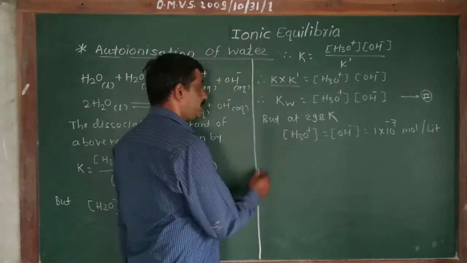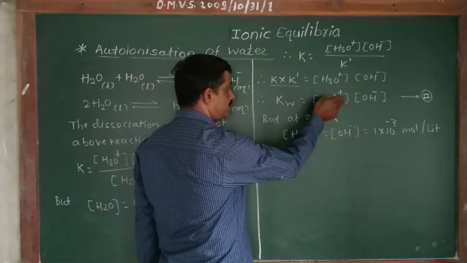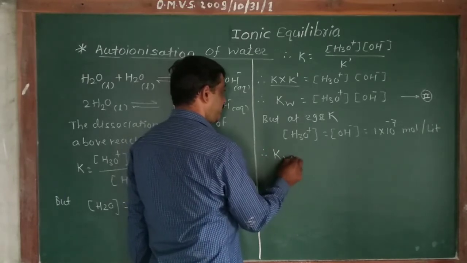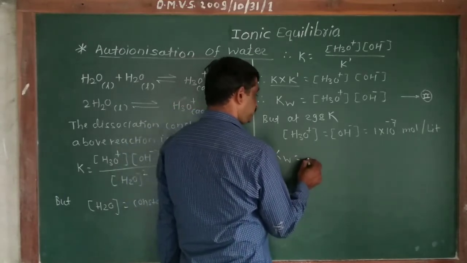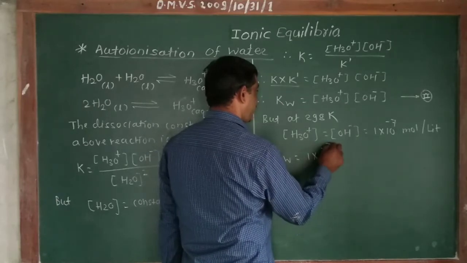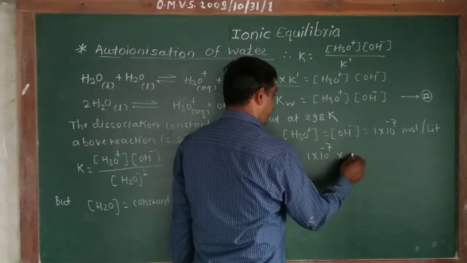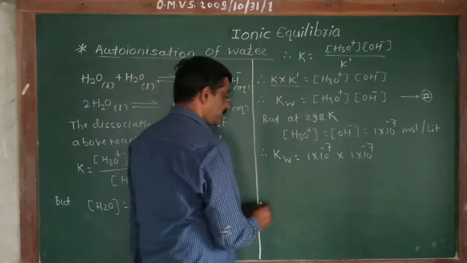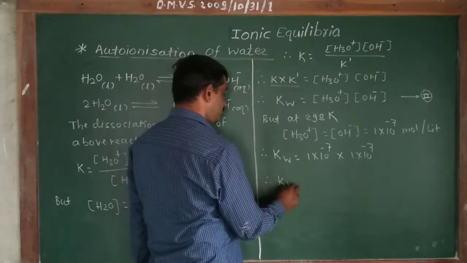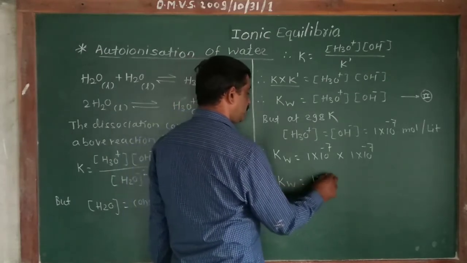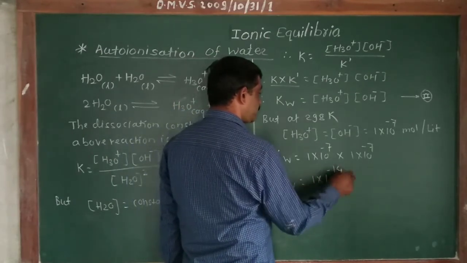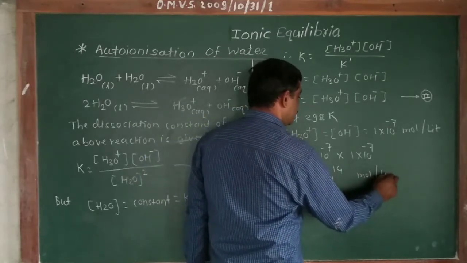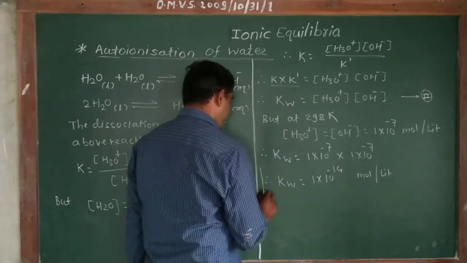And therefore when you substitute these values in equation 2, we get the new equation, Kw equal to 1 into 10 raised to minus 7 multiplied by 1 into 10 raised to minus 7. So Kw is equal to 1 into 10 raised to minus 14 in terms of moles per liter or moles per dm cube.